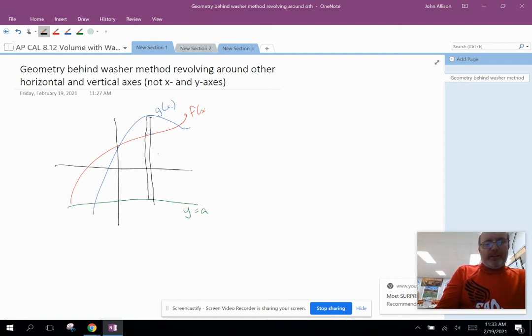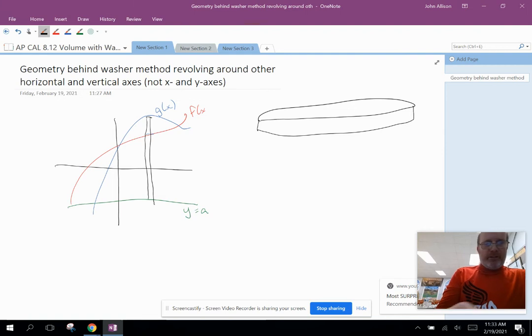Because the g of x is above in this case, the distance for this, if we revolve that around, we're going to get this one big large disk. And out of that, when we revolve the smaller one in a few moments, we're going to take out this inside disk to create our washer.